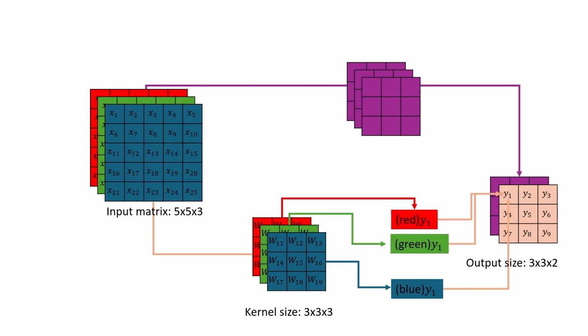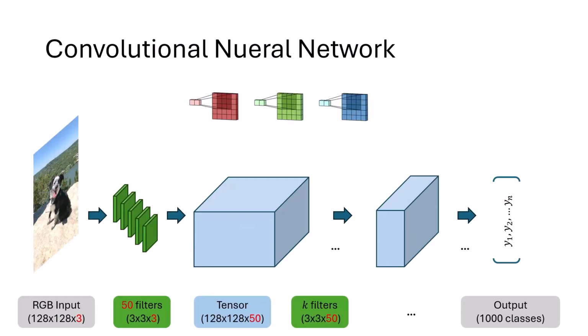And then you have another separate set of kernels that all will go to the purple layer, and so on and so forth. So people have 50 different kernels, then 100 kernels, and they are connected in some innovative way, so that the whole convolutional neural network will classify the image pretty accurately.